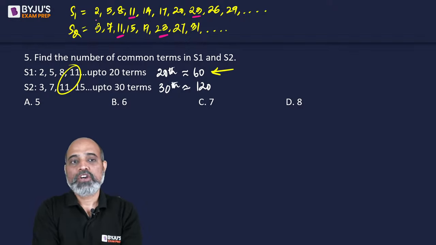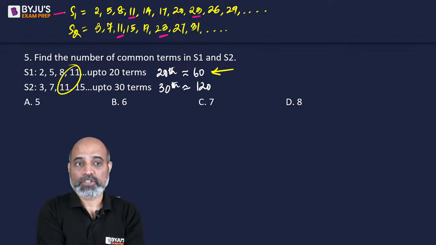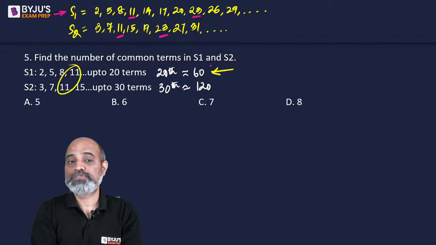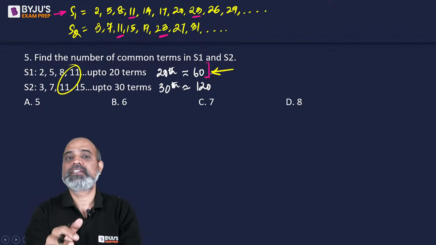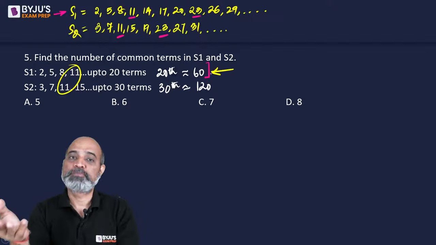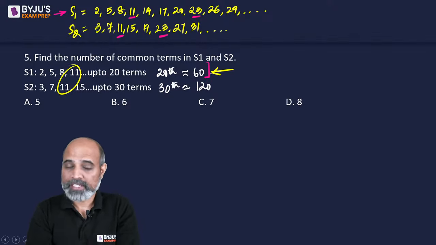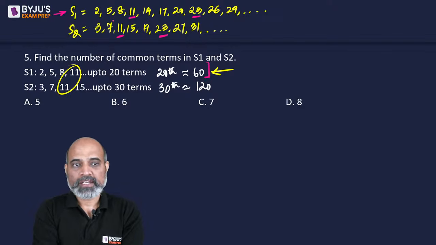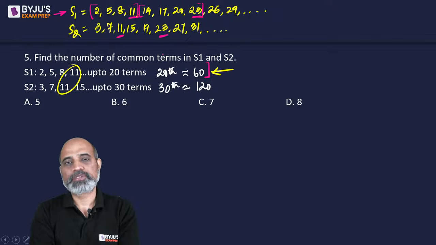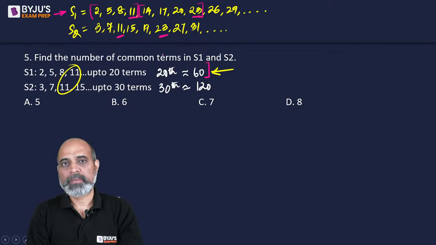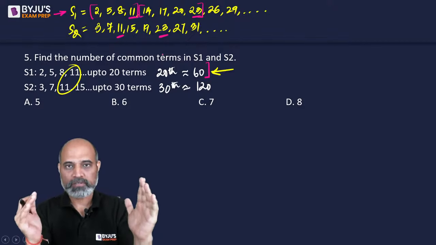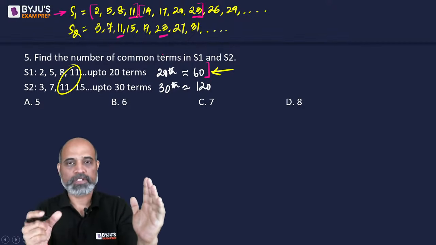If you look at the first series, you have to target the first series. Why? Because the first series limits the last term up to where you can find the common terms, right? If you look at this, you will find that after every 3 terms, the fourth term is common. If you group 4 terms, the first 4 terms, the last one is common.